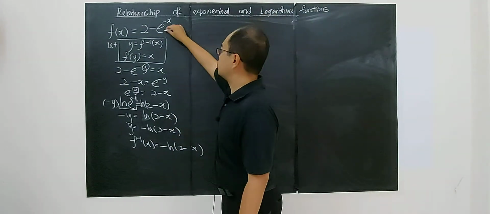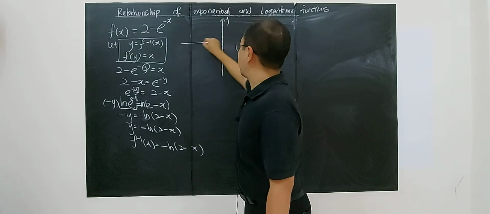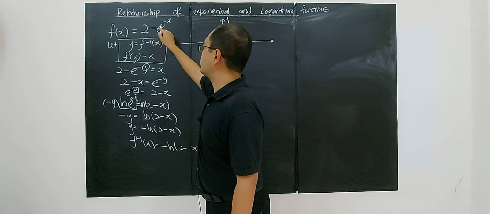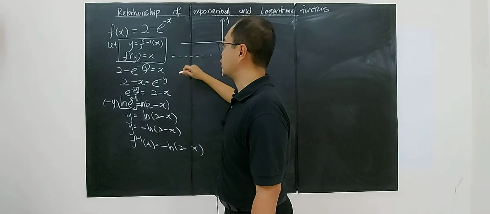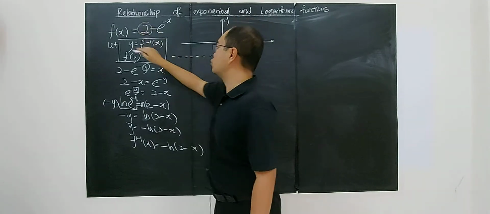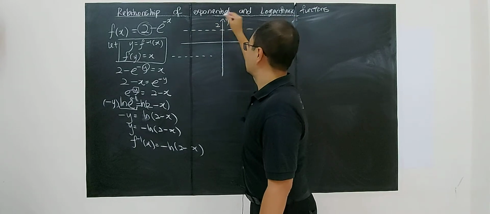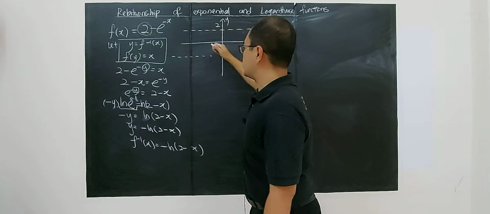If I sketch the graph for f(x), as you know, the graph for 2 minus e to the power of negative x is always below the horizontal asymptote. So you put the horizontal asymptote at 2 here, and the graph will be below it.